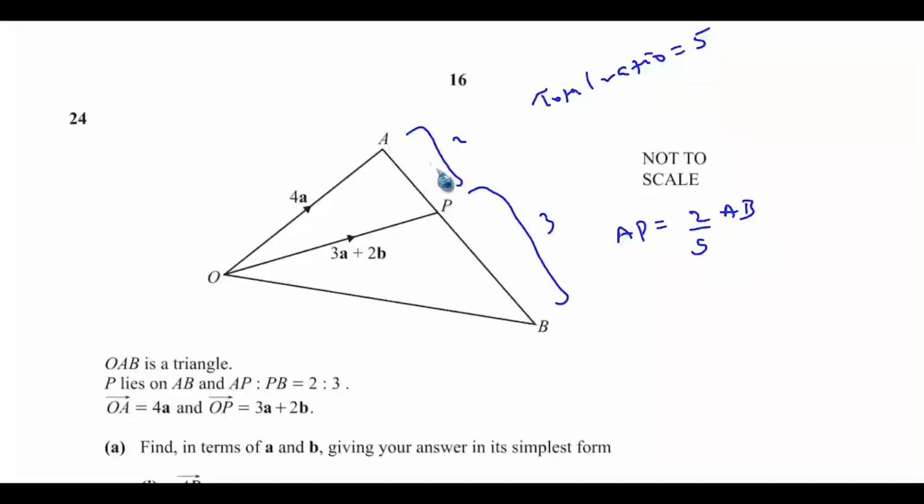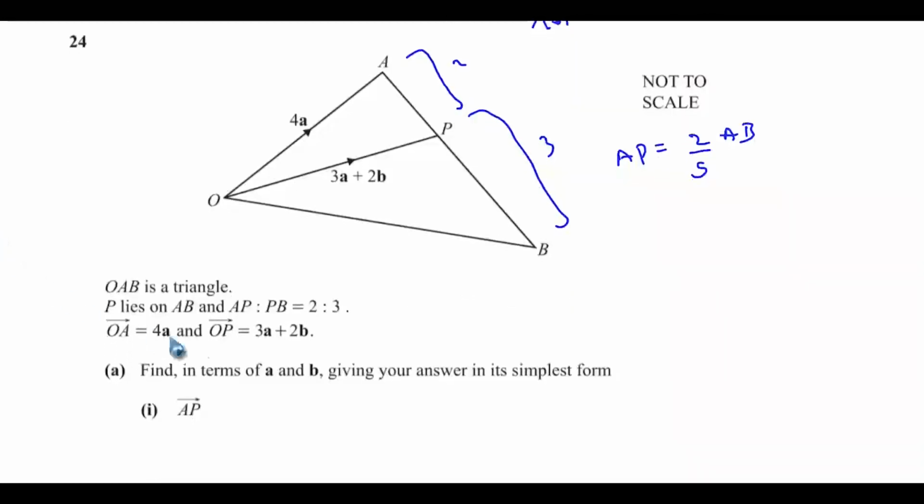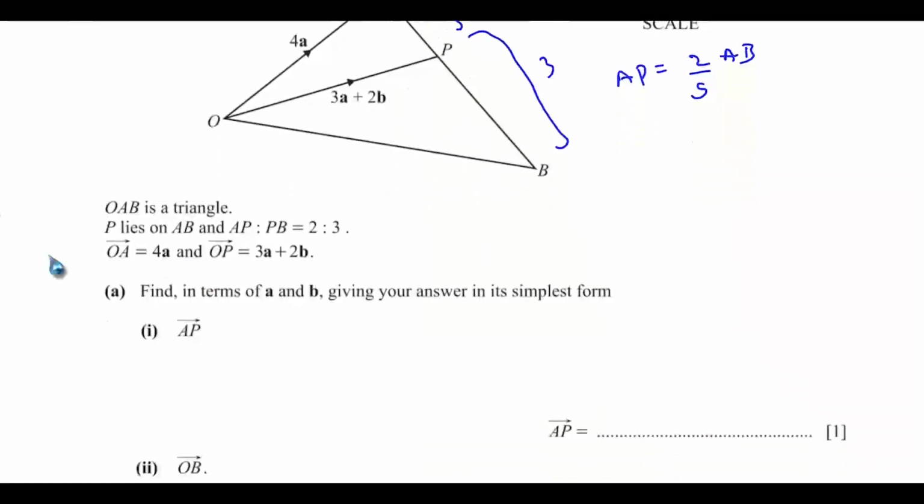So you cannot do it directly like that. You need to follow this route, AO plus OP. So let's scroll down a little bit. So you can say that AP will be equal to AO plus OP. Indicate the direction.